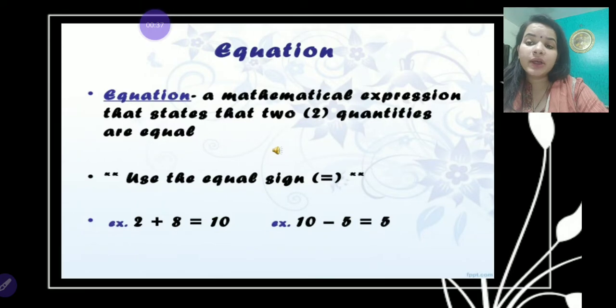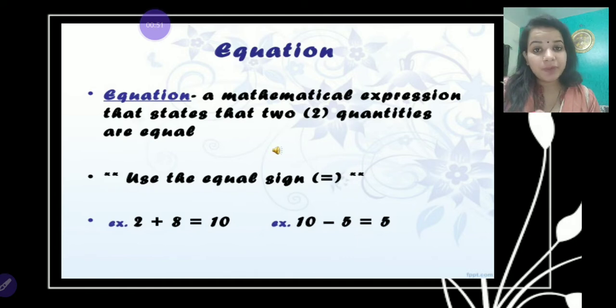Before knowing what is a linear equation, first of all know what is an equation. A mathematical expression that states that two quantities are equal is known as an equation.